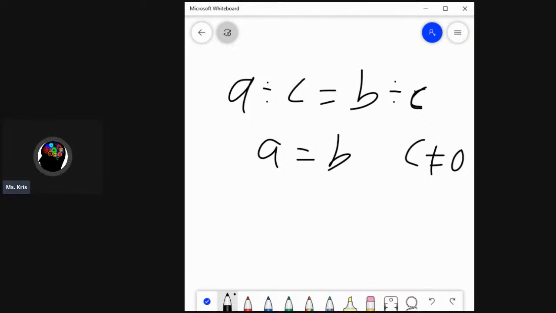So if A is divided by C and B is divided by C, A equals B. So the addition, subtraction, multiplication, and division properties of equality simply say these two can be equal because of this property.